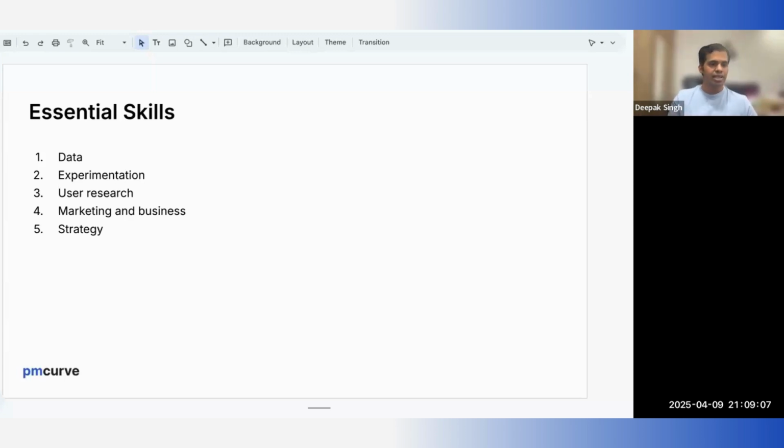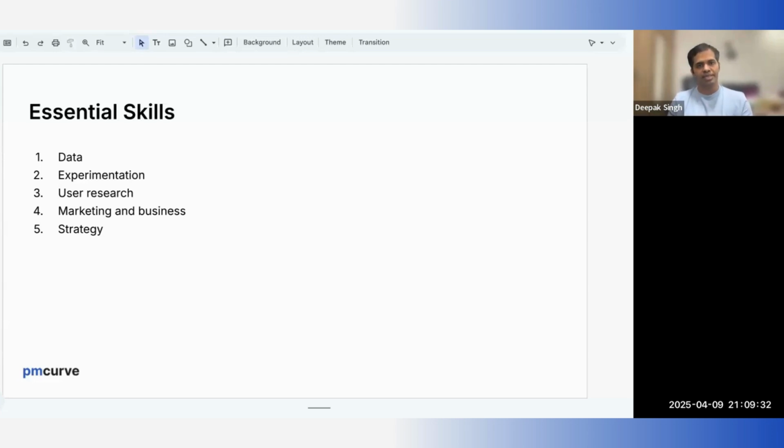And finally, you have to understand strategy, because growth is, I would say, every PM starts at various levels, but ultimately, as you move into leadership levels, what you end up realizing is every PM role eventually leads to a growth PM role, because first you are building products, you are shipping products and all that. But ultimately, the ultimate test of you as a product leader is going to be, can you grow the product?